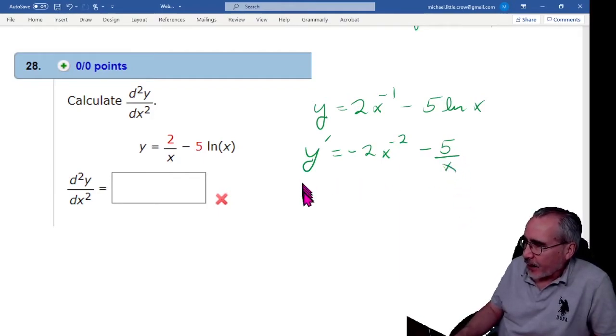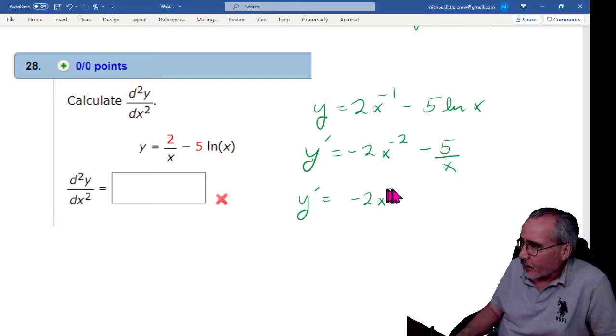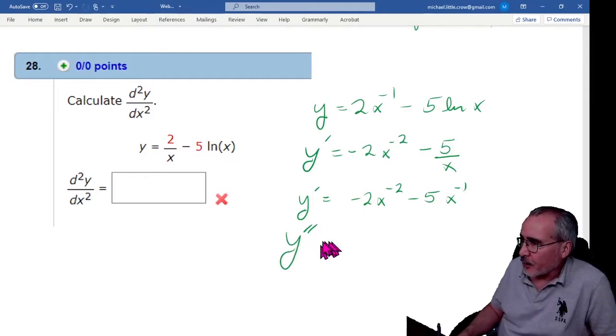Looking at that, I'm going to rewrite this derivative as negative 2x to the minus 2, minus 5x to the minus 1, so that when we go to take the second derivative, the derivative of the derivative, it's a lot easier to do. So the negative 2 comes down. Negative 2 times negative 2 is positive 4.